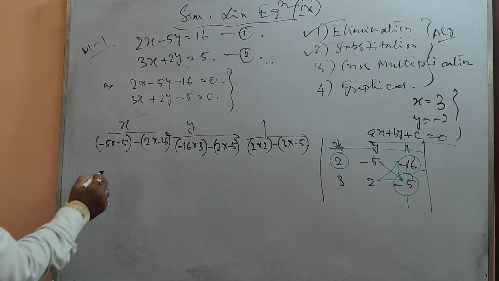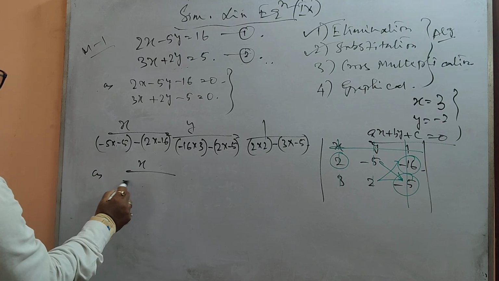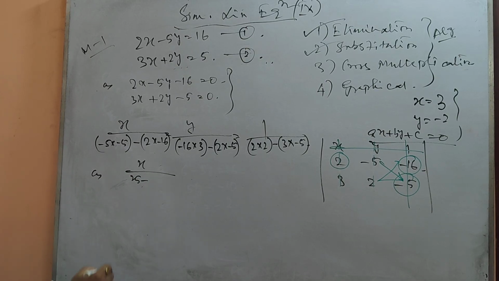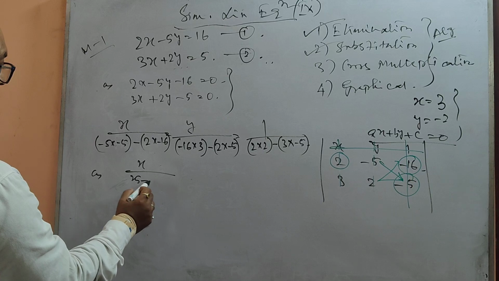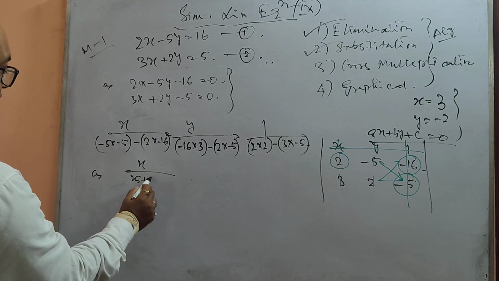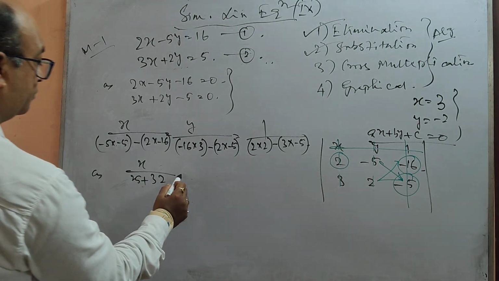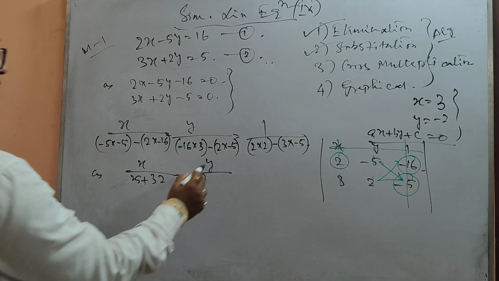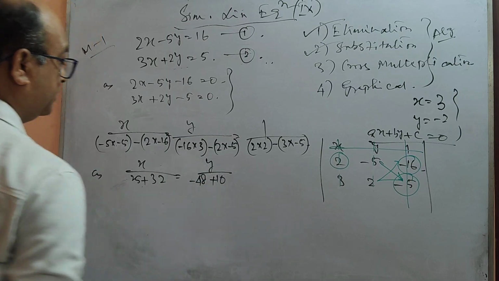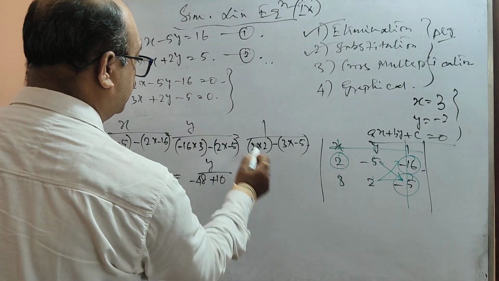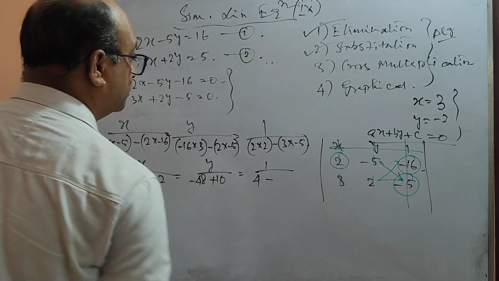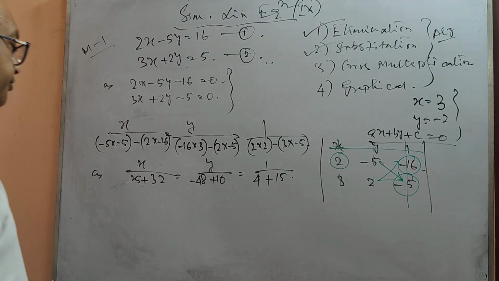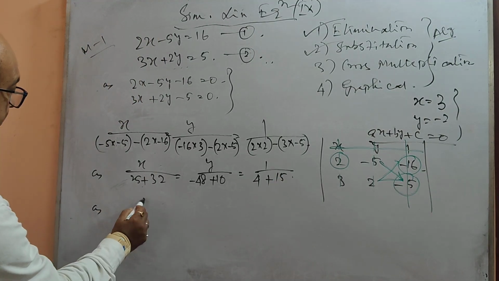Now let us calculate: x by 25 plus 32, and y is minus 48 plus 10, and 4 plus 15.